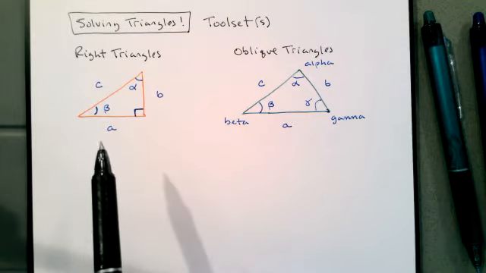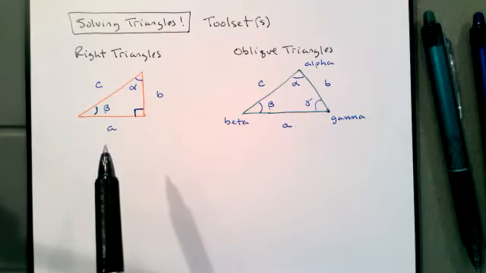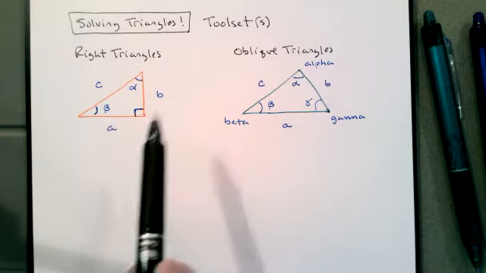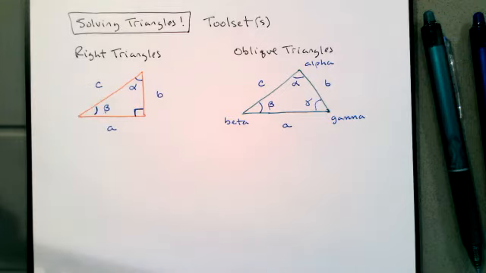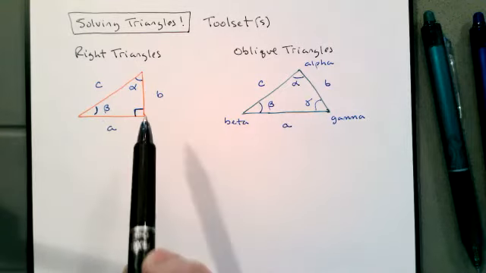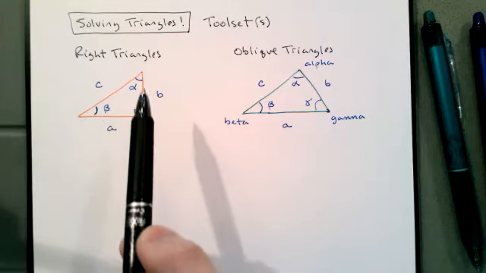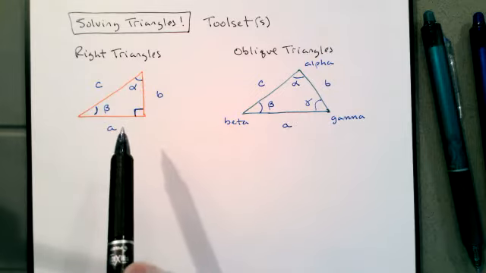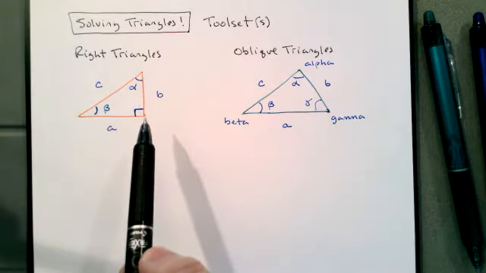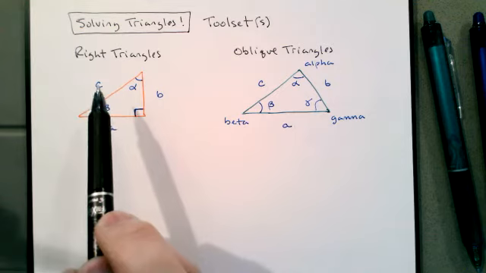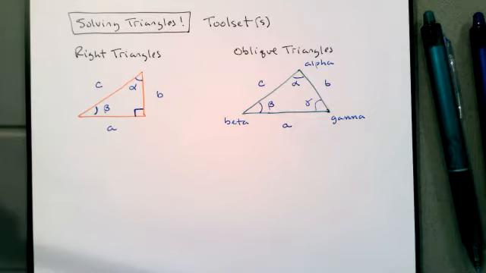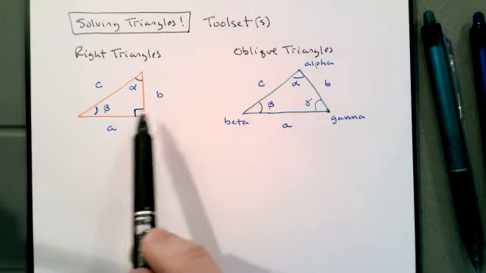This is the setup that we're going to use in general for solving triangles. I'm going to set up the three sides as A, B, and C. I'm going to set up the angles opposite those sides as alpha, beta, and gamma. That is, alpha is the angle opposite side A, beta is the angle opposite side B, and gamma will be the angle opposite side C. Since we like C to be the hypotenuse so much in right triangles, gamma is going to be the right angle.